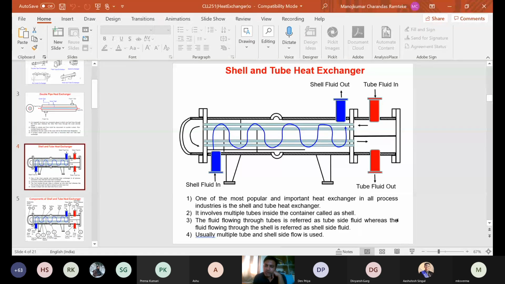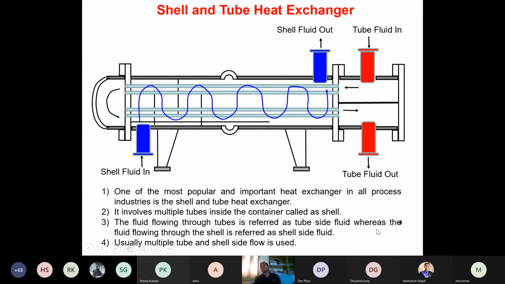So again to brief you regarding the same, shell and tube heat exchanger is one of the most commonly used heat exchangers in all process applications. Why is it called shell and tube? Because there is a shell and inside there are different tubes, and one fluid passes through the shell and one fluid passes through the tubes. Correct.